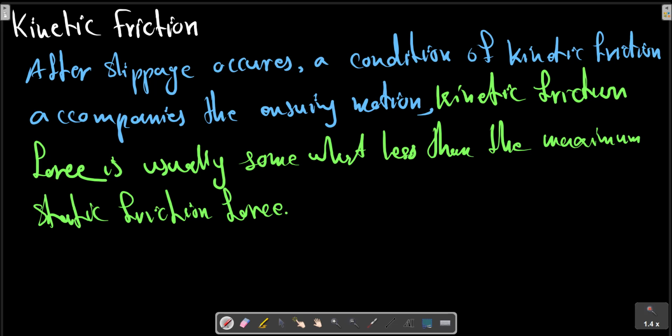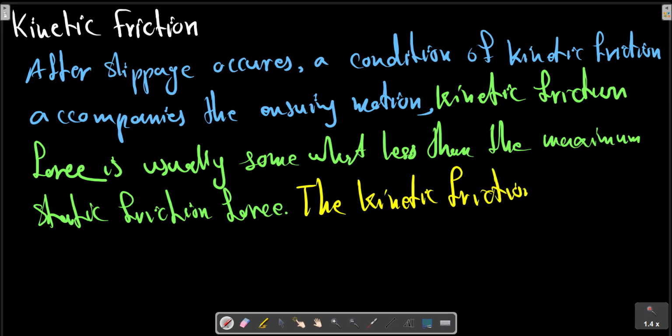The kinetic friction Fk is also proportional to the normal force.